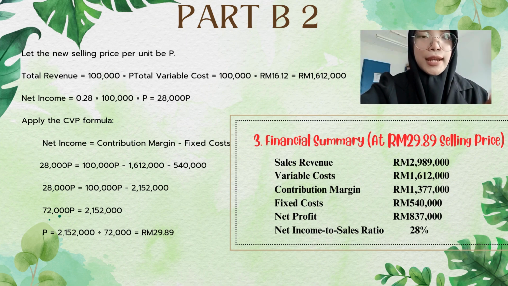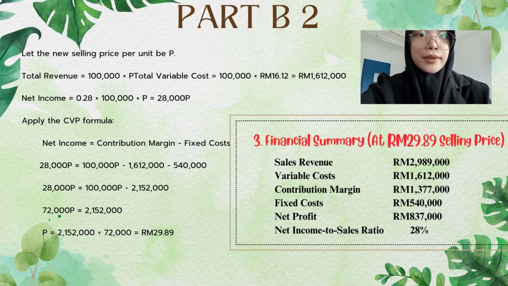In the CVP analysis, we can see that the original variable cost per unit was RM50.50, and with a 40% raw material cost increase, the new variable cost becomes RM60.12 per unit.